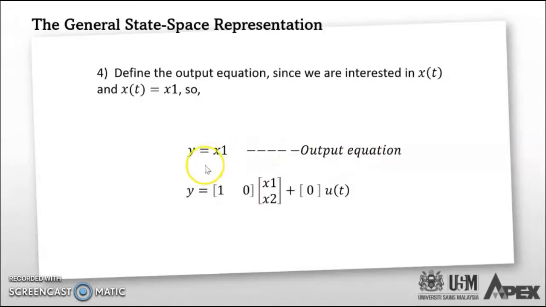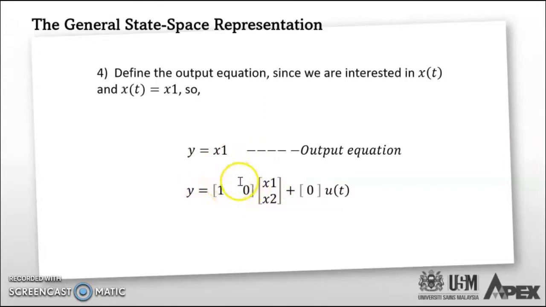Once we want to put it in matrices, y equals, there's only one row but 2 columns, because the first column represents x1 and the second column represents x2. Because 1 times x1 you get this x1, 0 times x2 you get 0. So we basically want to write this equation in matrix form.